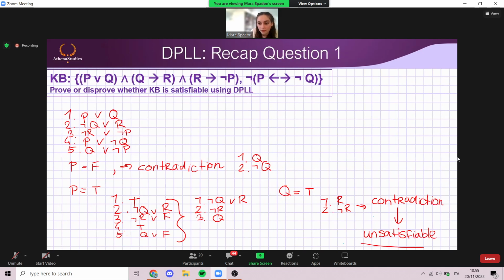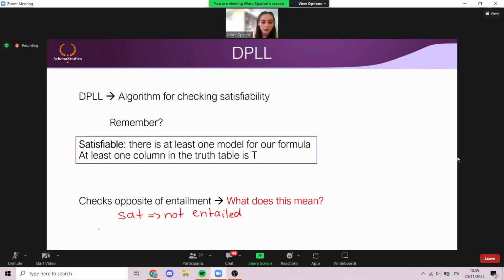Similarly, we can say that when it's unsatisfiable, that it is entailed. So these are the same thing. With DPLL, you check satisfiability. If it's satisfied, then it is not entailed. If it's unsatisfied, then it is entailed. Okay, so remember that one.